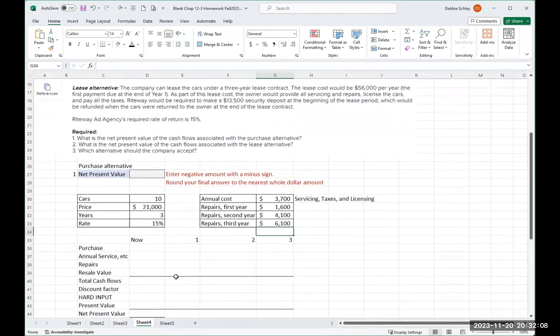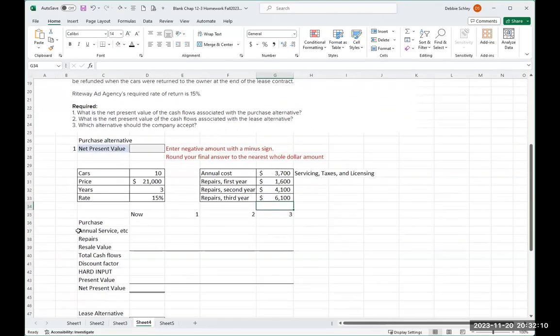So I'm going to make a cute chart, just like before. The now is going to equal a negative, right? Because we're purchasing, the price times the number of cars. So a negative 210,000.